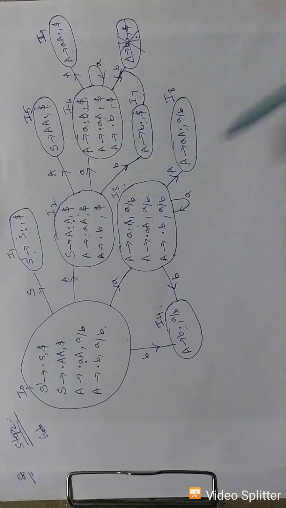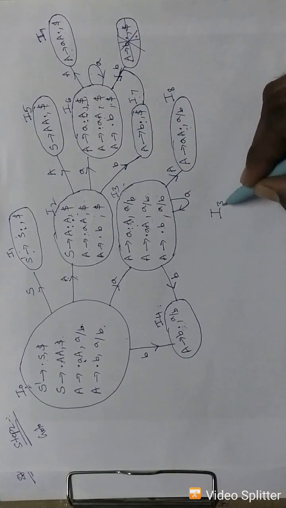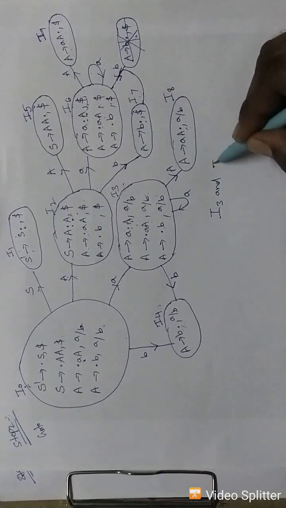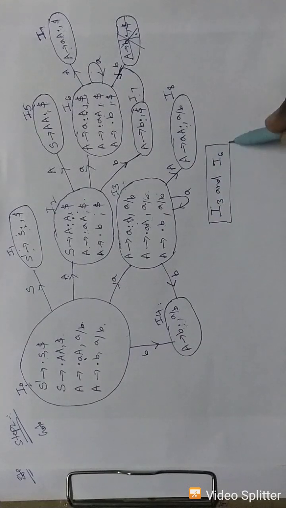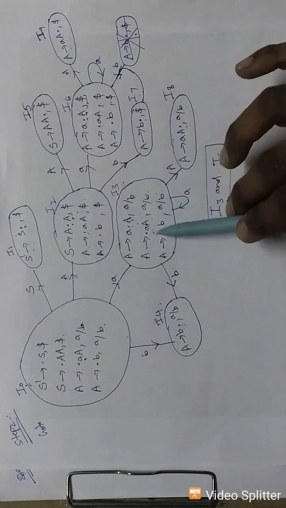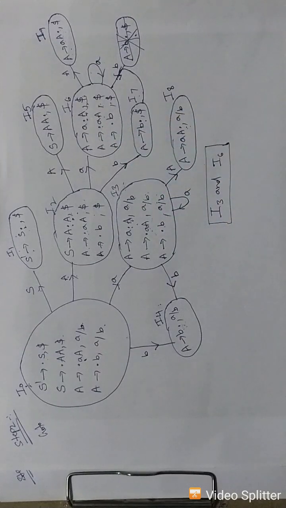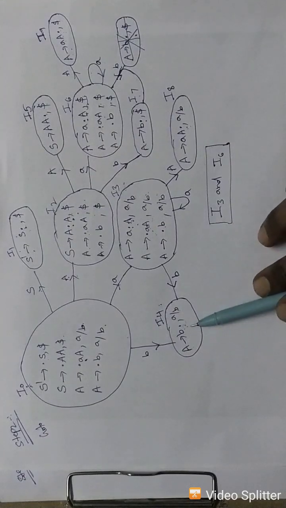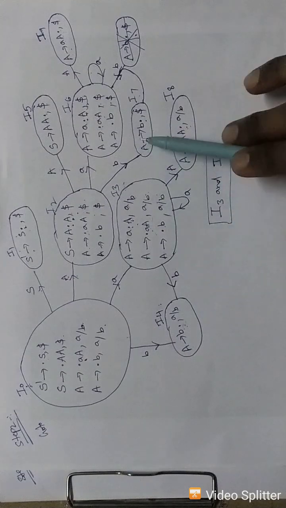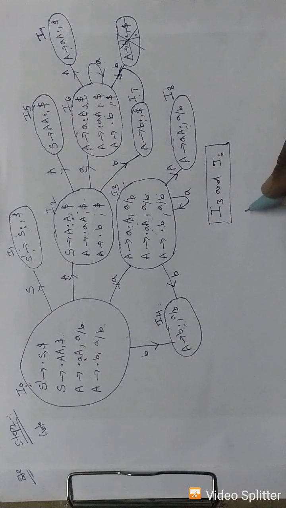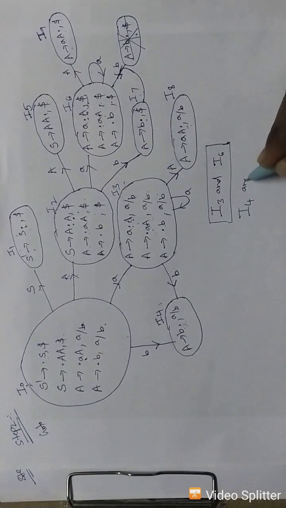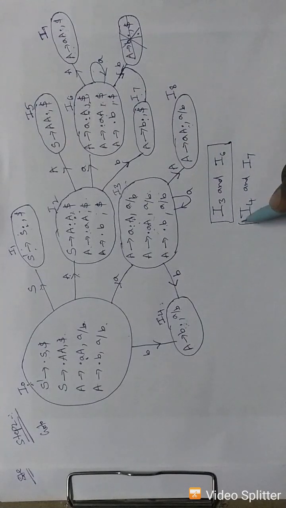The LR0 items of I3 and I6, these two are similar. Now if you see here, I4 and I7, these two are also the same with respect to the LR0 items.